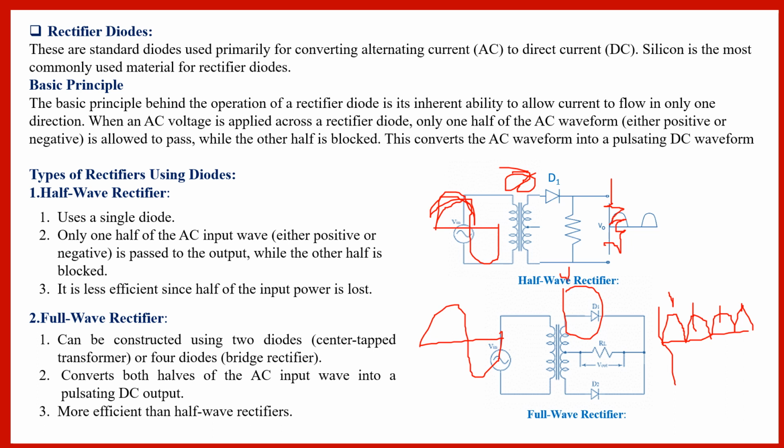Suppose the instant secondary voltage reaches its maximum value in the positive direction. At this instant, diode D1 is conducting and the other diode is non-conducting. Therefore, the whole of the secondary voltage appears across the non-conducting diode. Consequently, the peak inverse voltage is twice the maximum voltage across the half secondary winding.